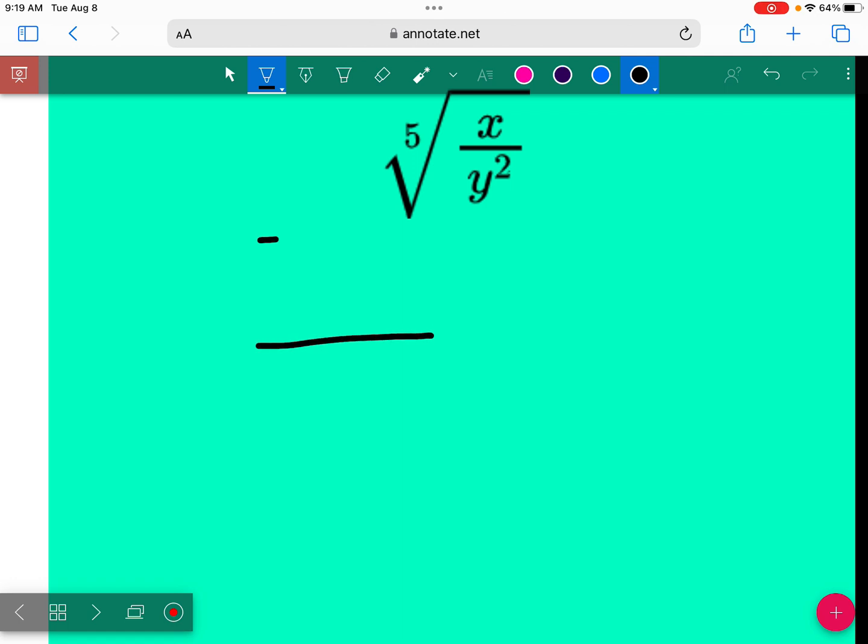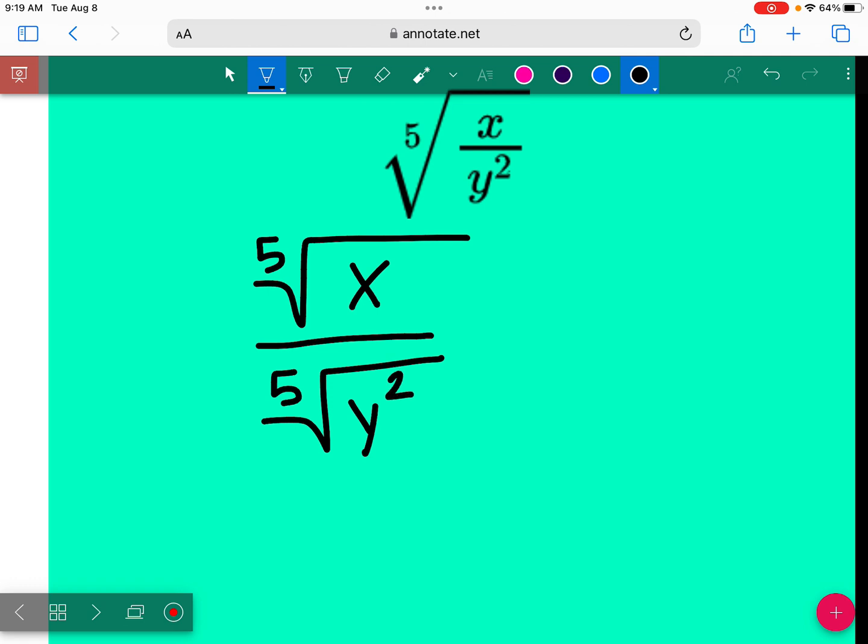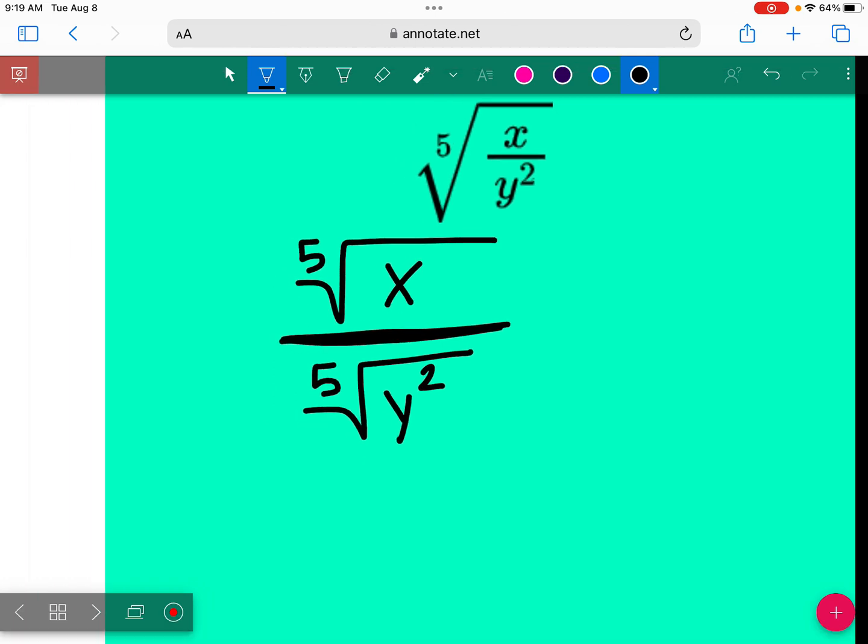I'm going to take our fifth root of our numerator and our fifth root of our denominator. And that's our fraction bar, just so we can actually see that. And then we have to figure out what our funky looking one is going to be. We know it's going to be a fifth root because it doesn't work if the index is not the same.